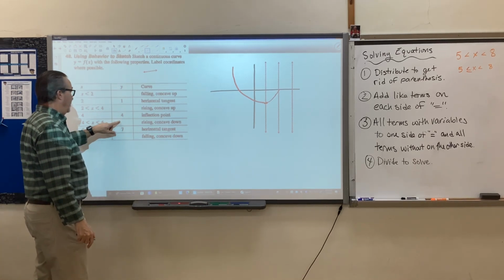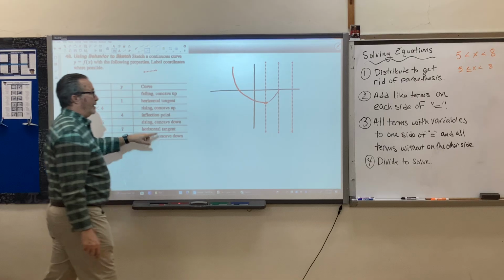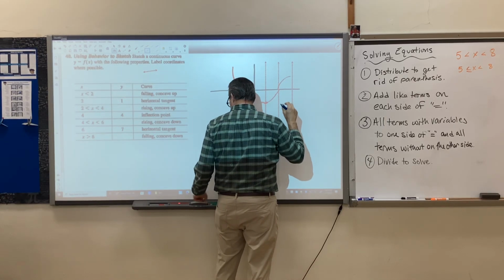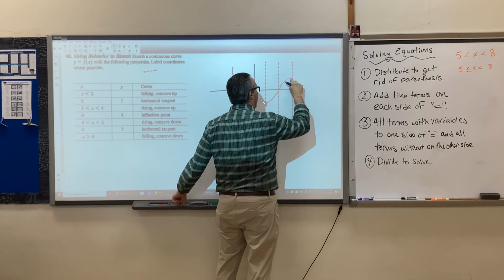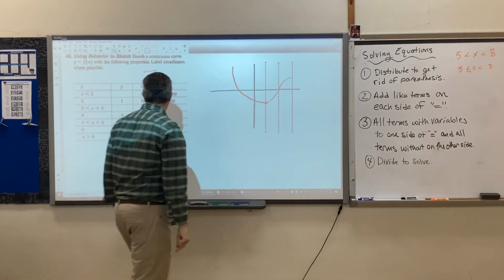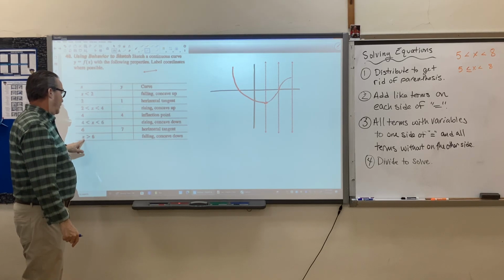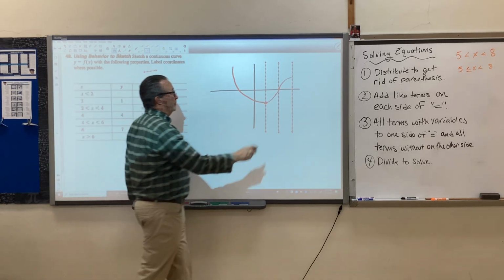At 4, inflection point. 4 to 6 rising and concave down. At 6, horizontal tangent, then falling and concave down.